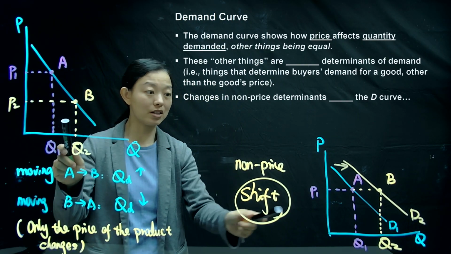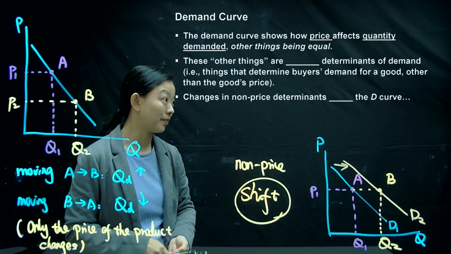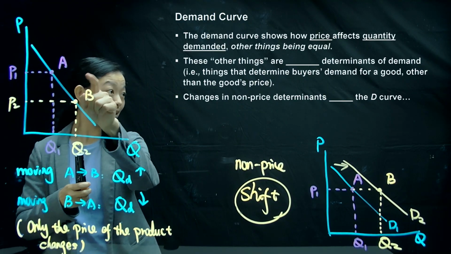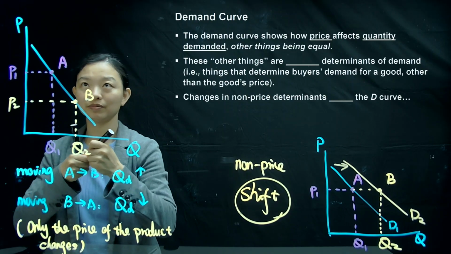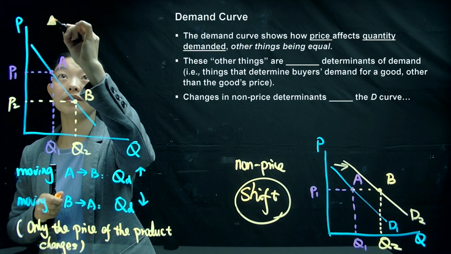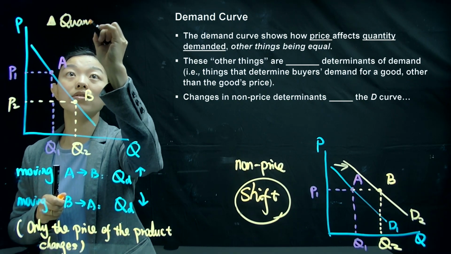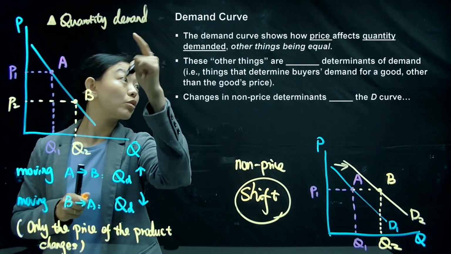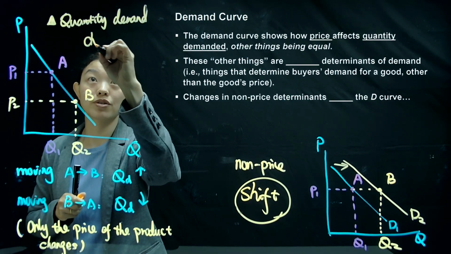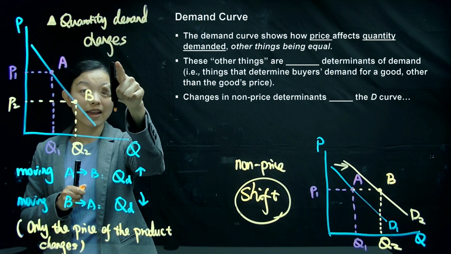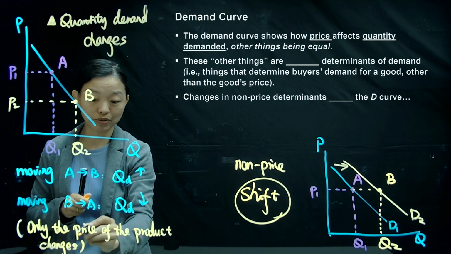So compare these two graphs. What's the difference? For this graph, I'll mark something very important here: quantity demand changes, and this is only related to the price.